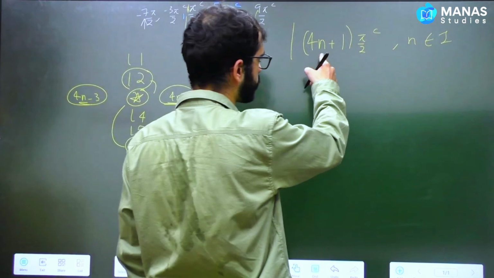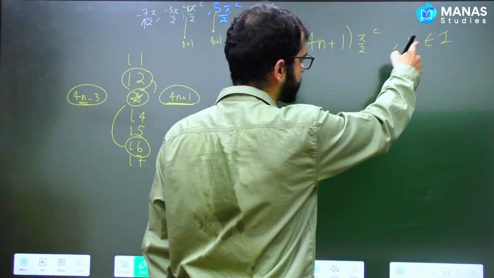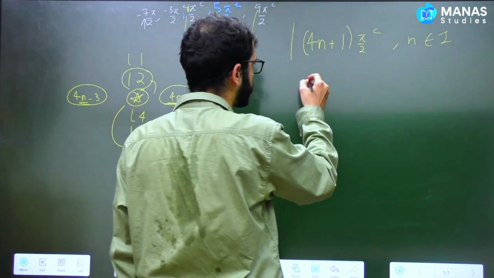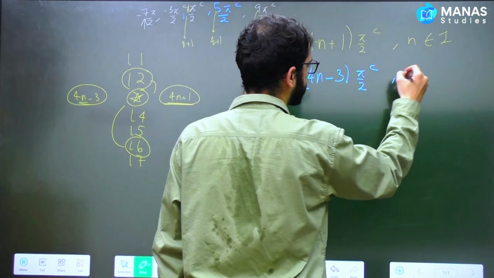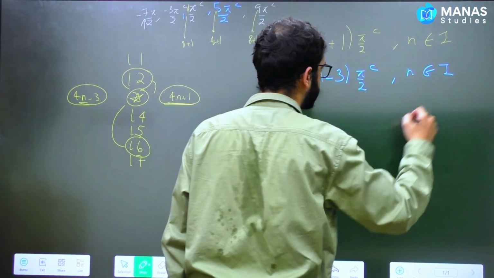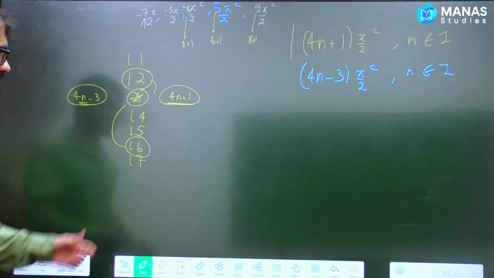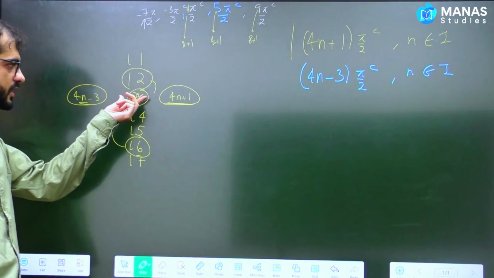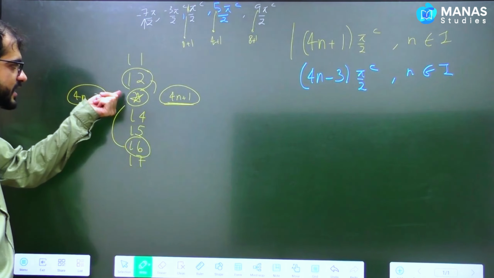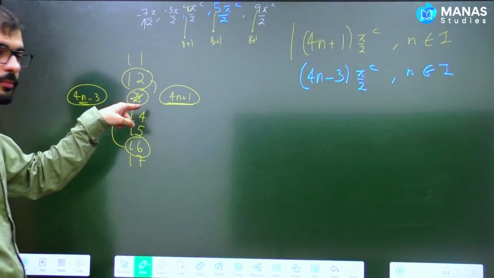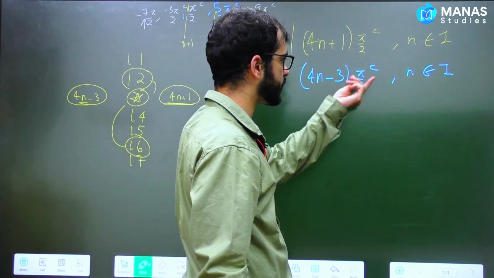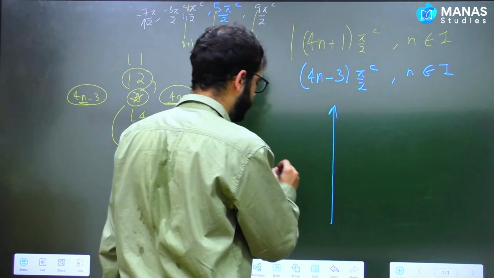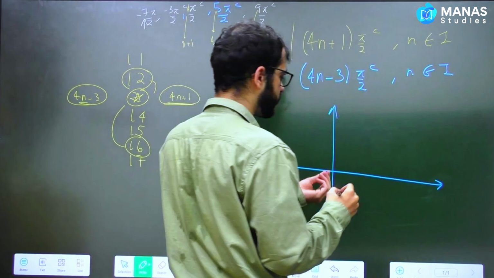So if I am writing 4n plus 1 pi by 2 radians, n belongs to integers, I can also call it 4n minus 3 pi by 2 radians, where n belongs to the set of integers. As we just saw, a multiple of 4 plus 1 and a multiple of 4 minus 3 both bring me to the same number. So 4n plus 1 pi by 2 radians and 4n minus 3 pi by 2 radians both will refer to the positive y-axis.